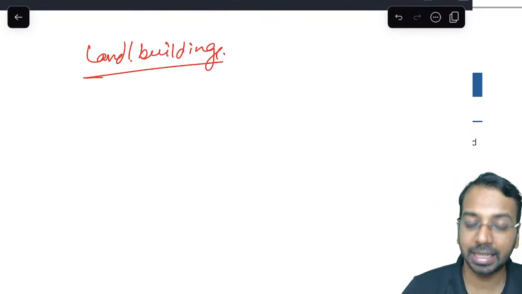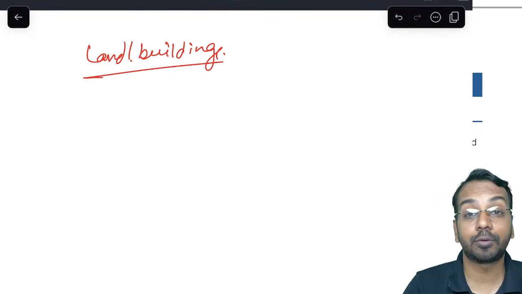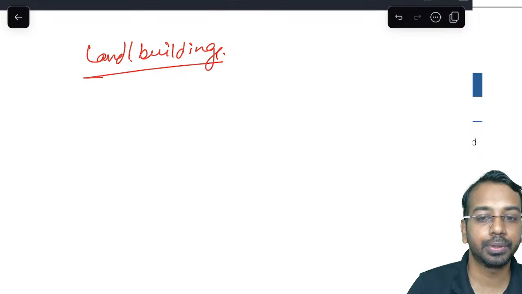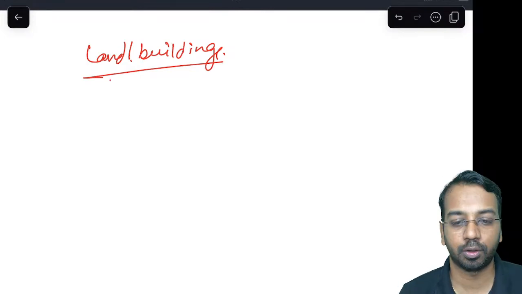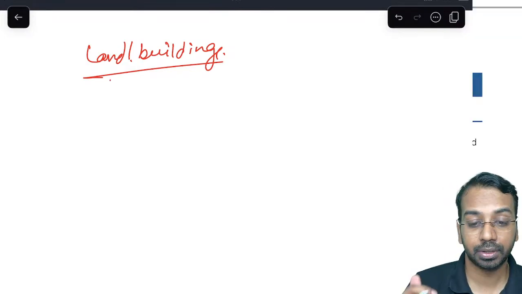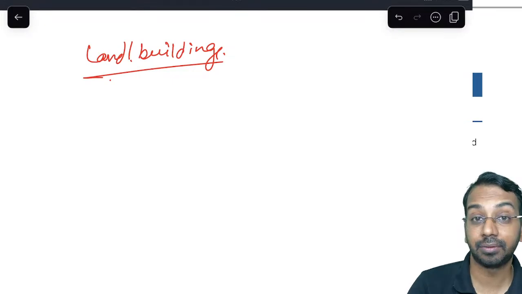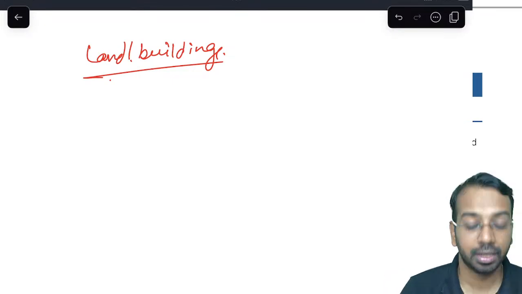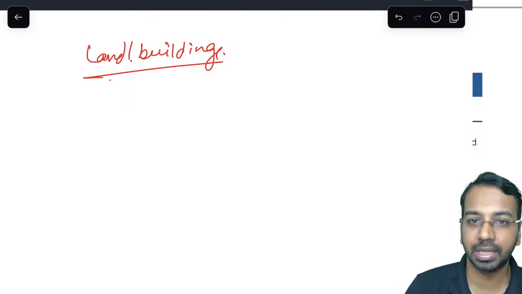But now, when you talk about land and building, you have to first understand what is the purpose of buying this particular land or building. Is the purpose to buy land and building for selling it, or is it for using it in the business? Accordingly, the classification changes.